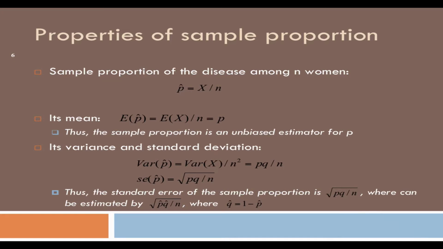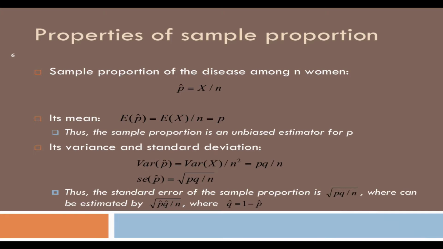Like what we did for the sample mean, there are several things that we want to study in terms of the statistic, or the estimate. The first thing is whether or not it is unbiased. Unbiasedness is the first property that we want to examine.